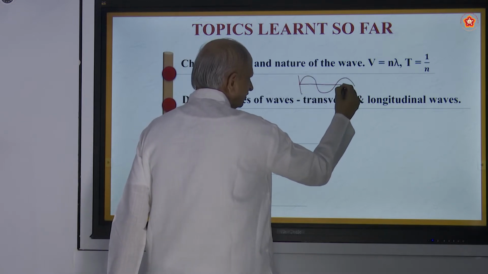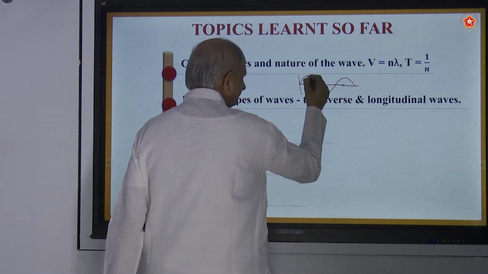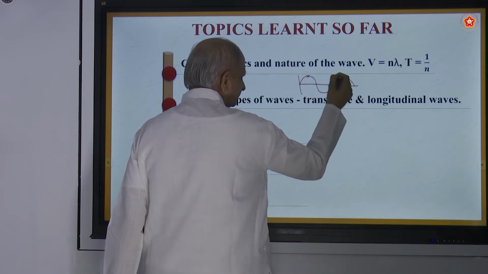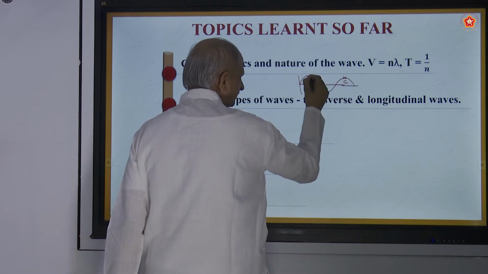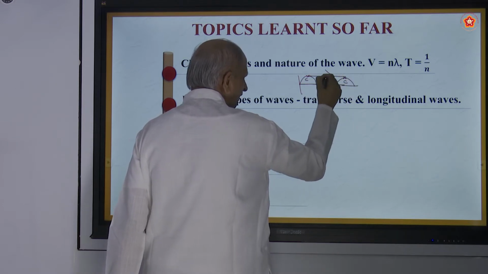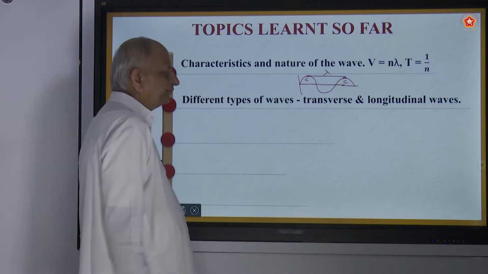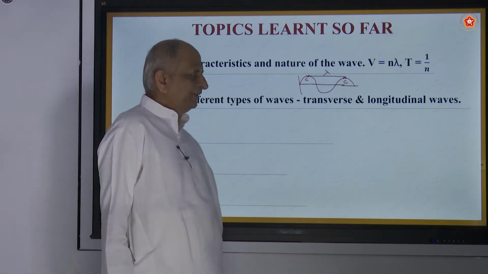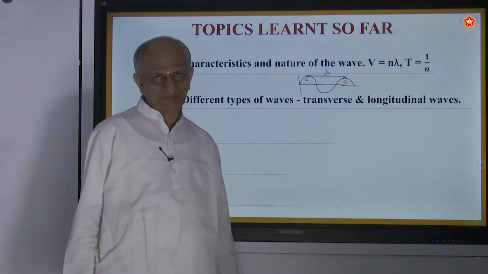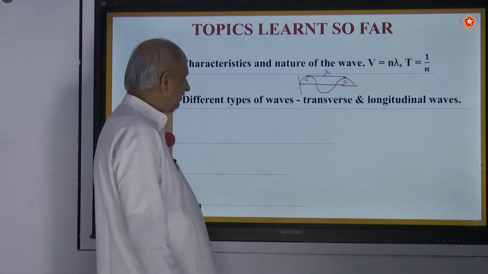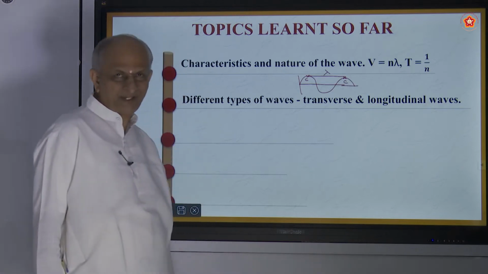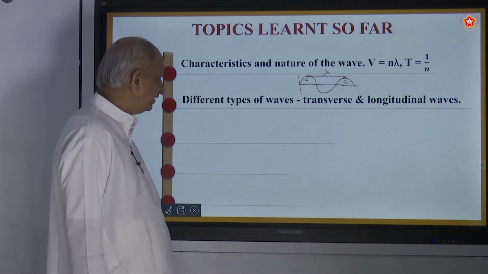The upper portion is called the crest. So the distance between two crests is called the wavelength, denoted by the symbol lambda. How is it measured? It is measured by a unit called meter. All these things we have studied in the previous class.